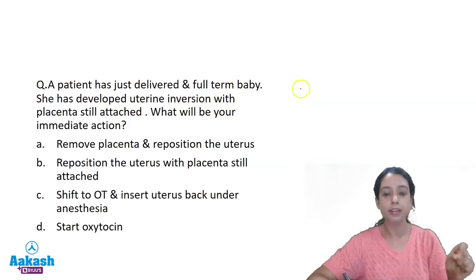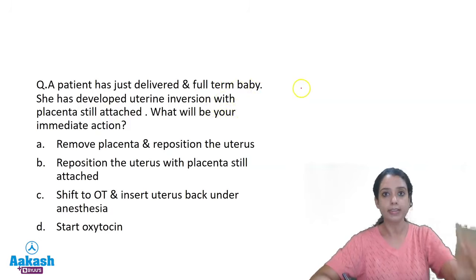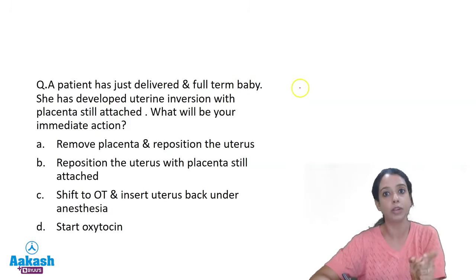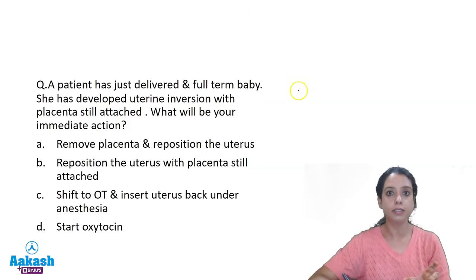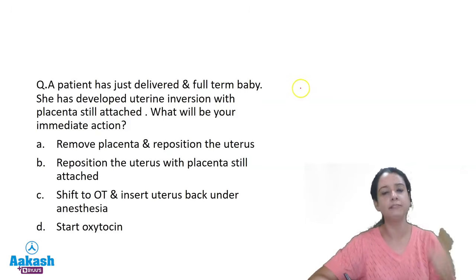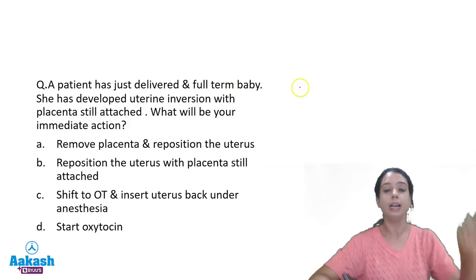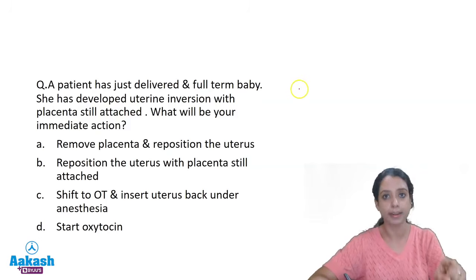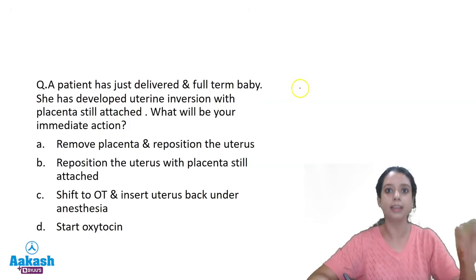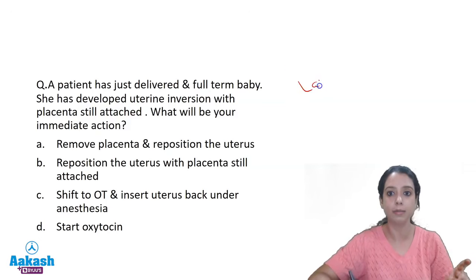Your management depends on how quick you are. It is an emergency with 15% mortality if you do not manage it quickly. So what is the first step? The first step of every obstetric emergency is to ask for help. After that, your first step in management of uterine inversion is to reposit the uterus, then and there, in the labor room only.